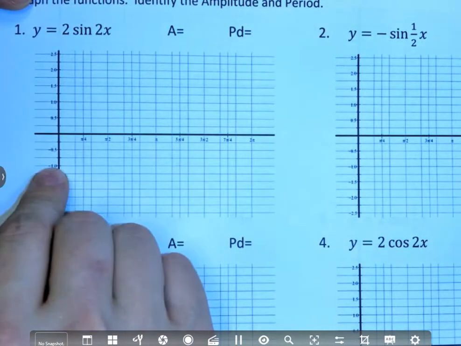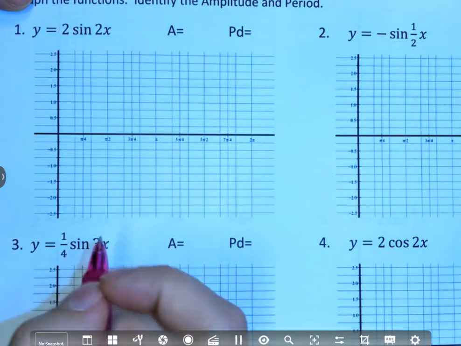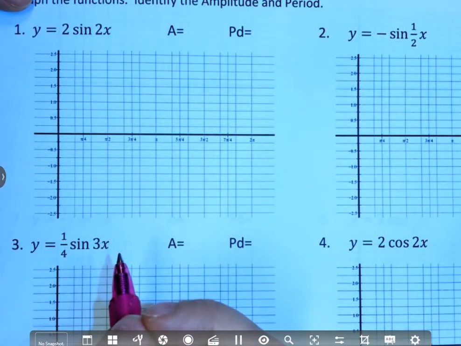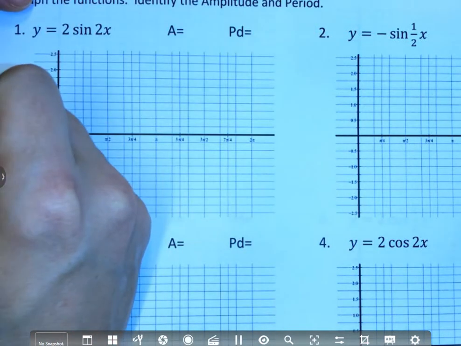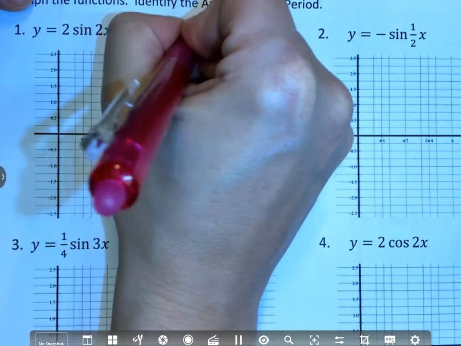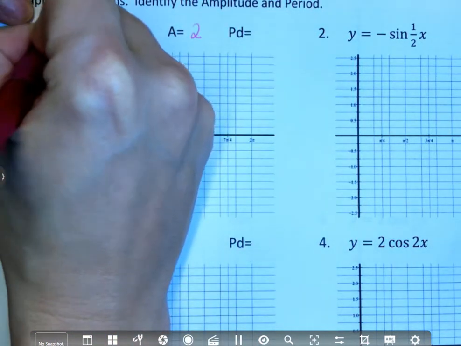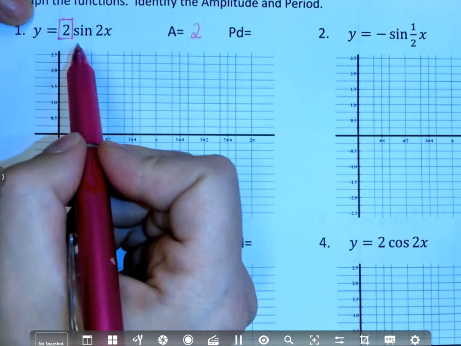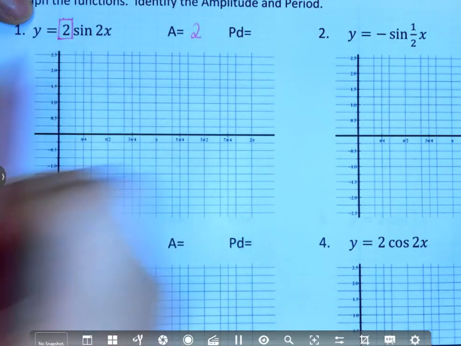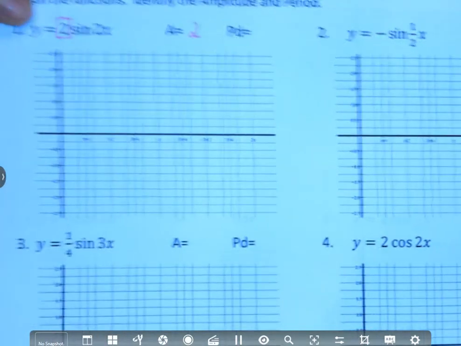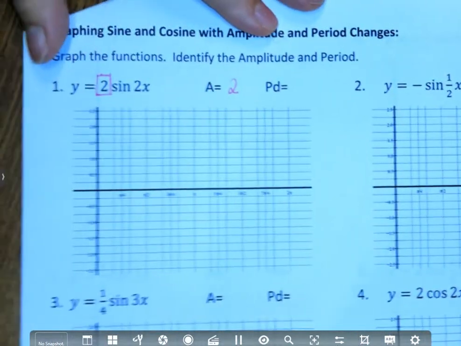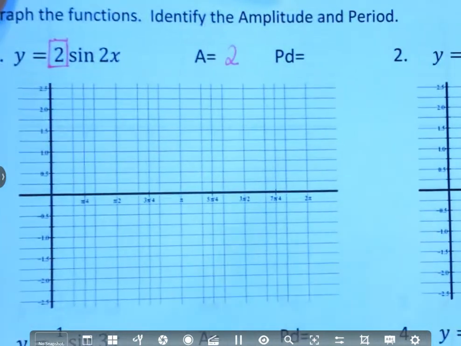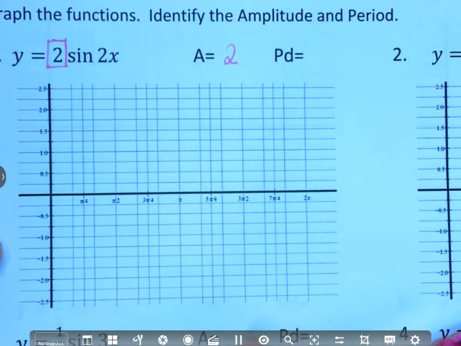So when we take a problem, we start by looking at your amplitude. My amplitude here is going to be 2. And of course, it's not a good idea to start with a problem where both numbers are the same. That number out in front affects your amplitude. So far, so good?